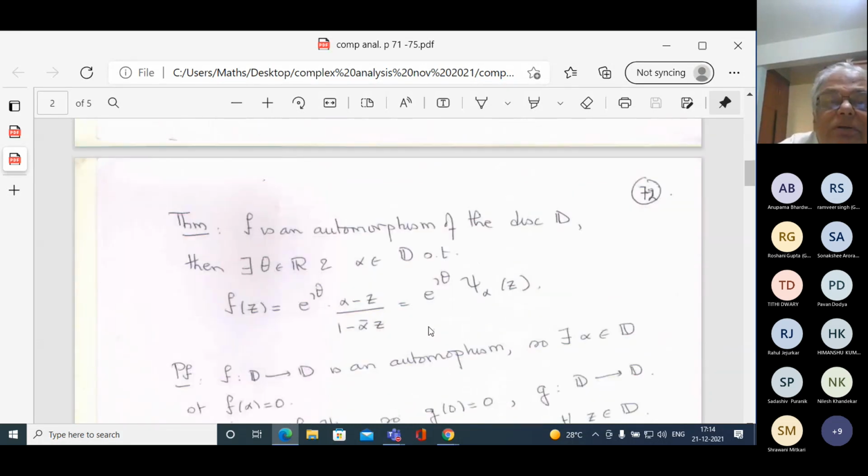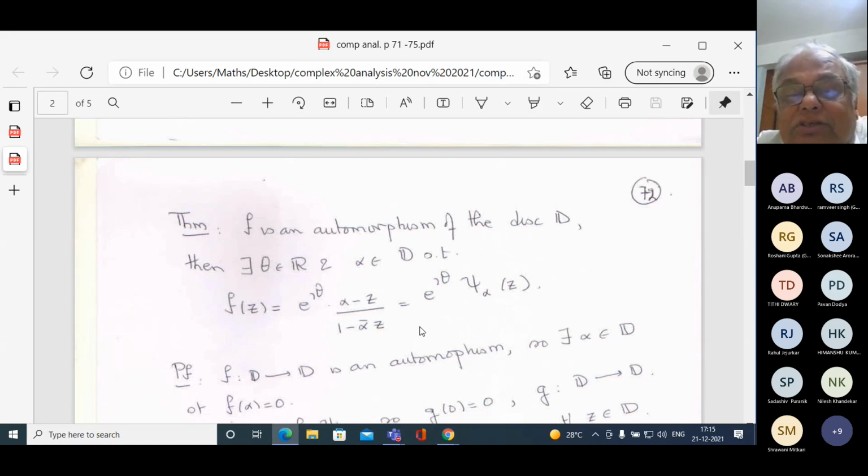So what do we want to prove? We want to prove that every automorphism of the disk is a psi alpha up to a rotation. So what have I done up to now? I've said that psi alpha is an automorphism of the disk and the rotation is an automorphism of the disk.